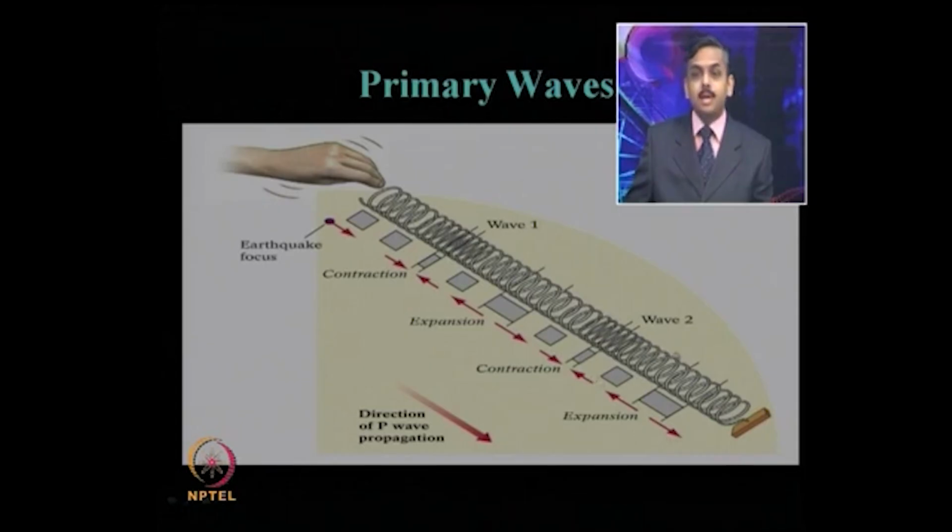That is the typical behavior of the medium when a P wave passes through it. This is the direction of travel of the P wave, and the particles also move in the same direction in this fashion of successive contraction and expansion.